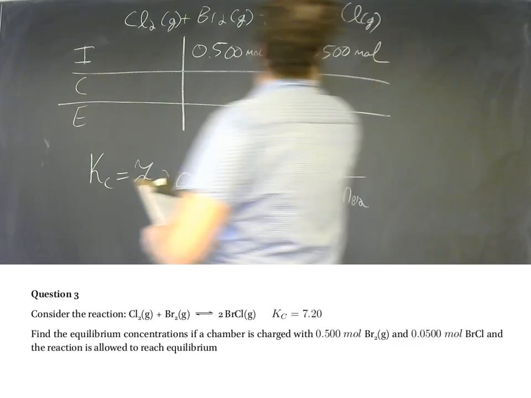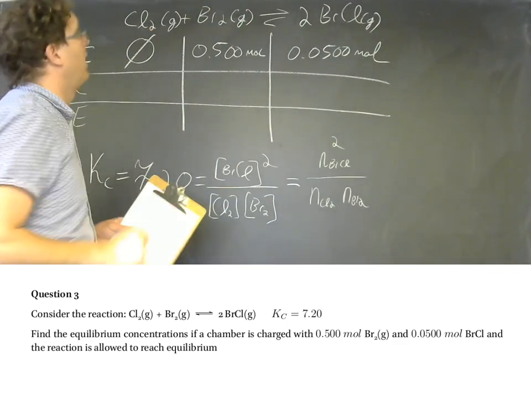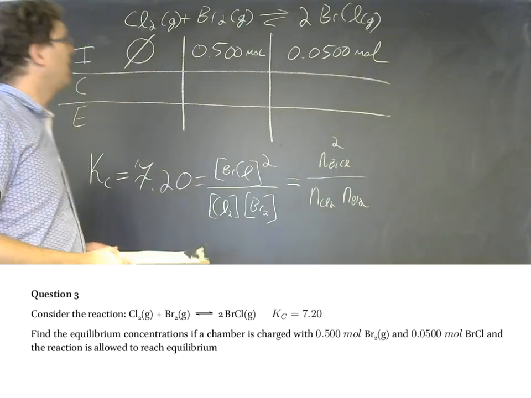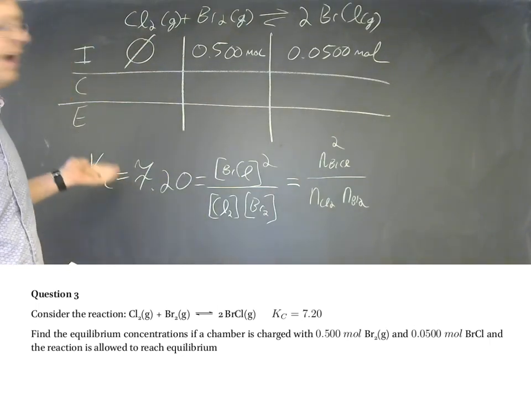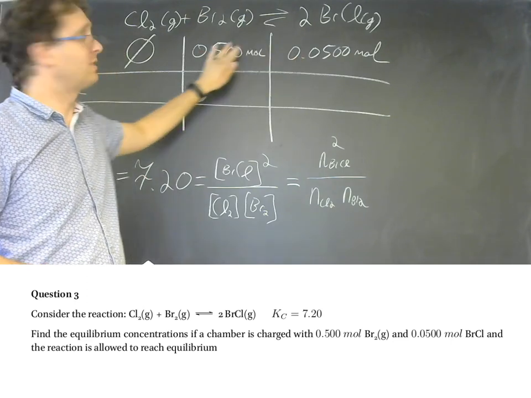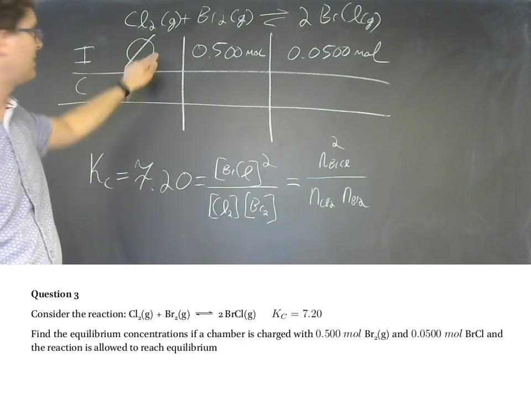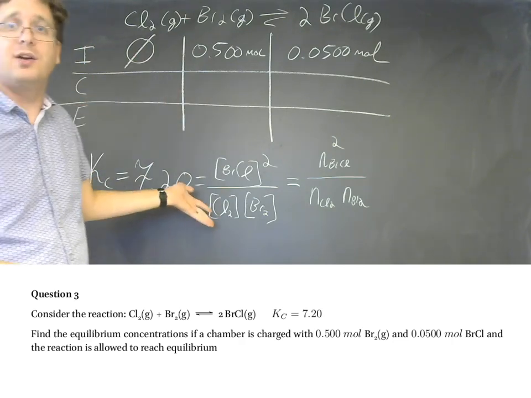So those are the moles that we start with, and we have a 0 right here. Now looking at this, if we were to try to calculate Q, because we have some product and some reactant present, well, Cl2 is in the denominator and it's actually a 0, so our Q is infinity.